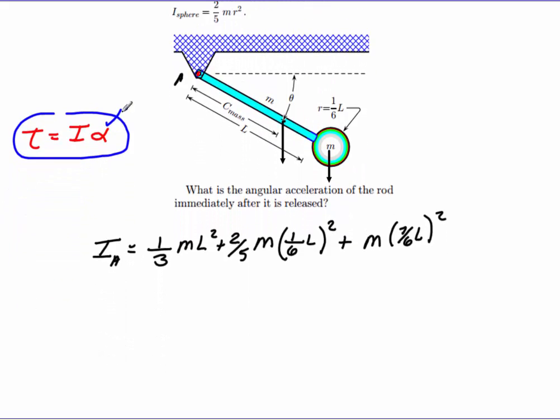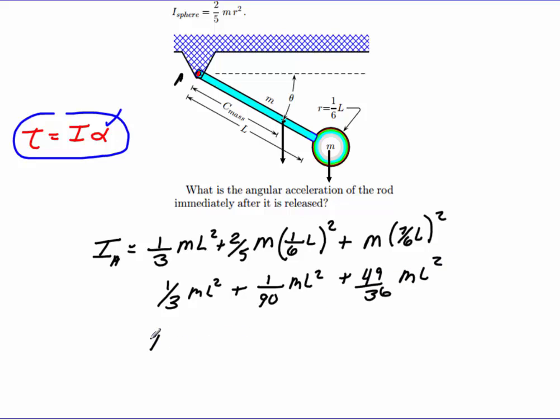Scroll down a little bit. Okay, we'll go ahead and calculate that. When I run that value, I think I get 1/3 mL squared plus 1/90 mL squared plus 49/36 mL squared.